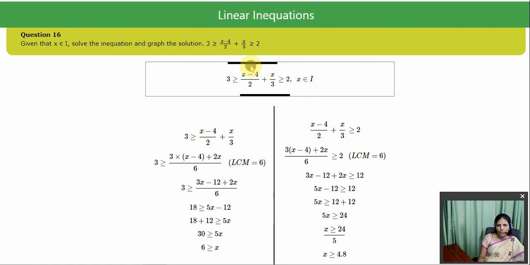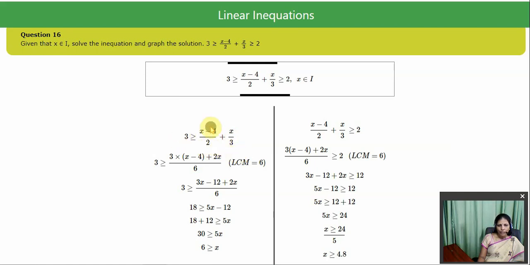So first I took this inequality, that is 3 is greater than or equal to (x minus 4)/2 plus x/3, which I have shown here with a dark line. So 3 is less than or equal to (x minus 4)/2 plus x/3, right?